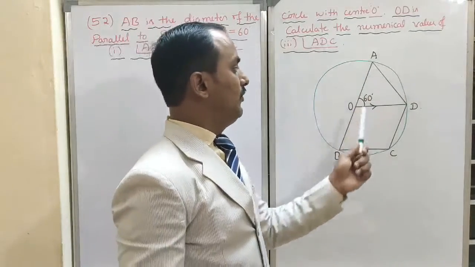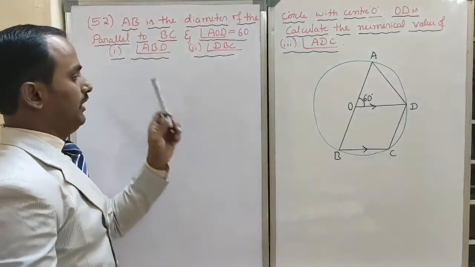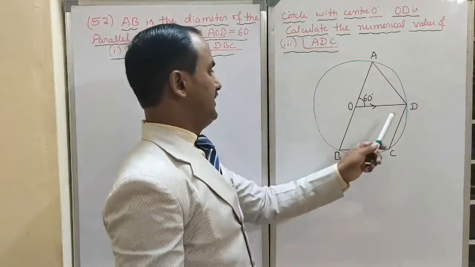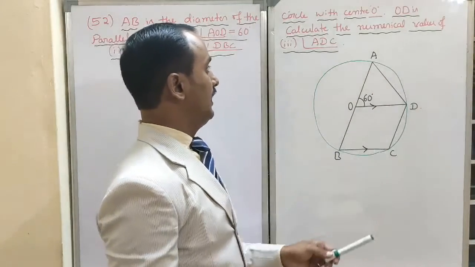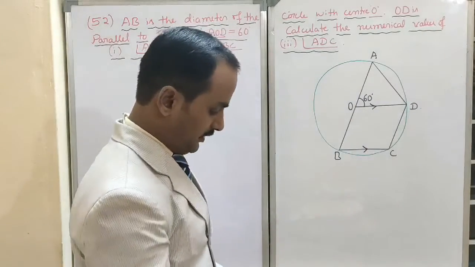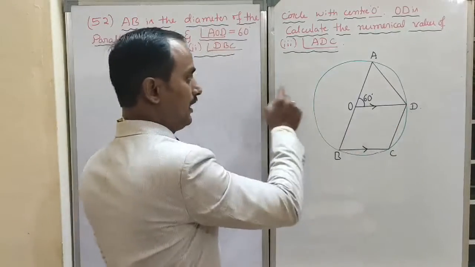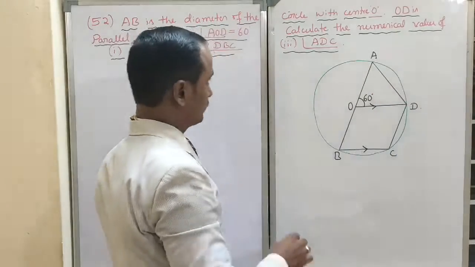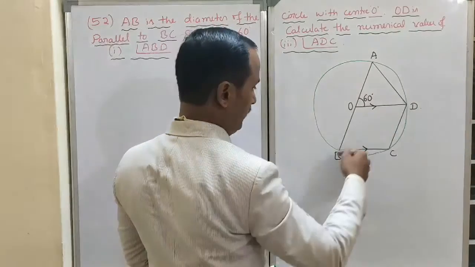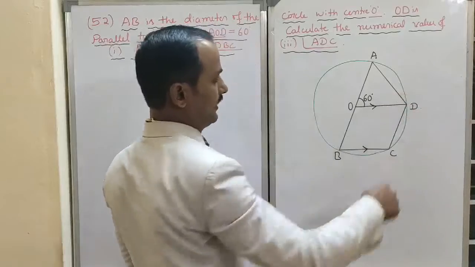Calculate the numerical values of angle ABD, first one ABD, second one DBC, and third one ADC. If I join BD, first angle ABD will come, then DBC, and then ADC, the complete angle.